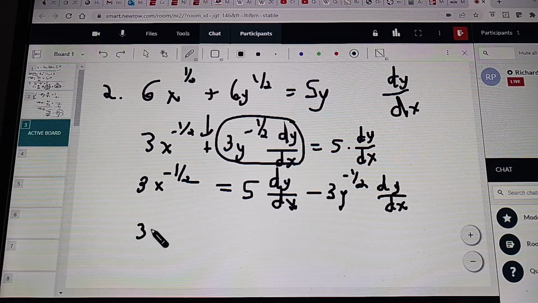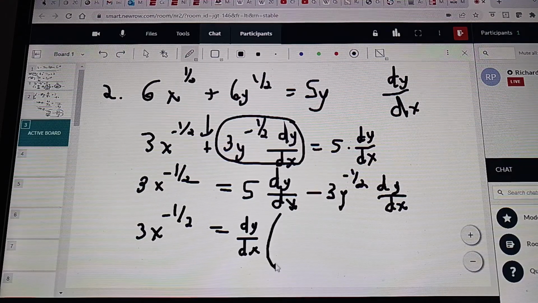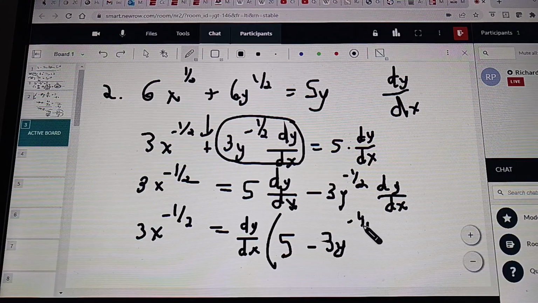And then you're just going to factor out the greatest common factor, which is dy over dx. Factor that out. That would leave 5 minus this. And whatever this is, you just divide by it.